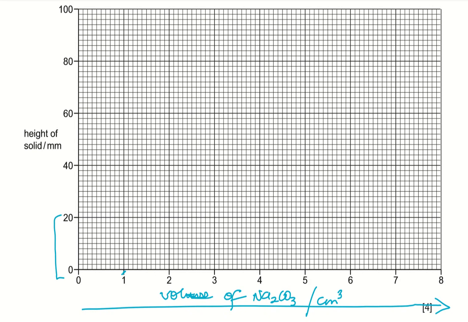If you have 10 graduations here, 1 2 3 4 5 6 7 8 9 10, then each should represent 2 millimeter. So this will be 10 and this will be 12 millimeter. So here, that's the point.